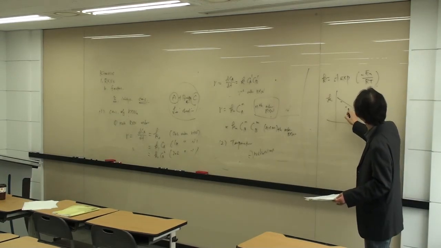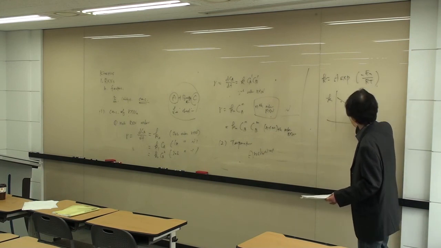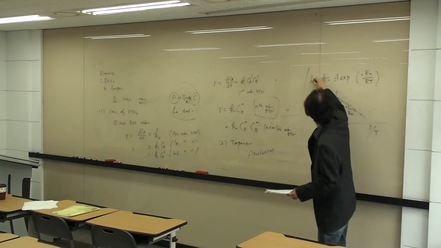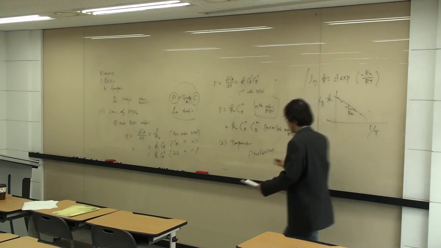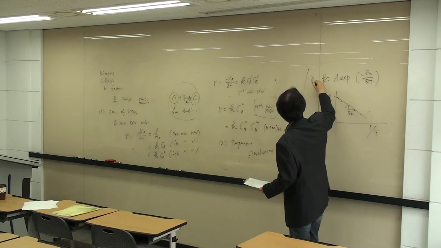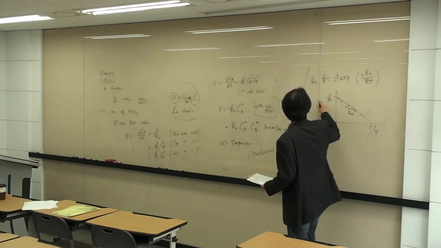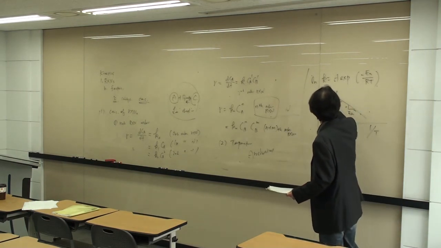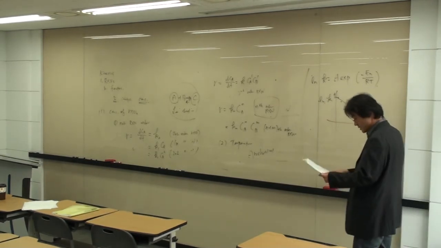Here you can have Ea, and you put the natural log here, and then you can have A as an intercept.